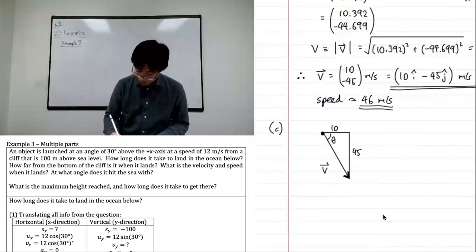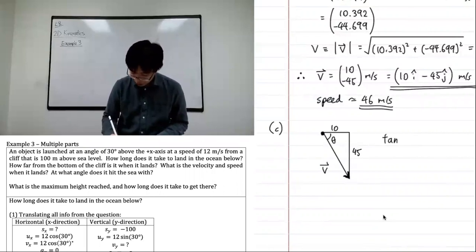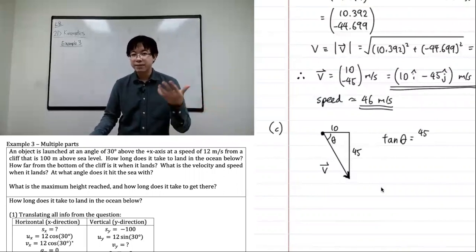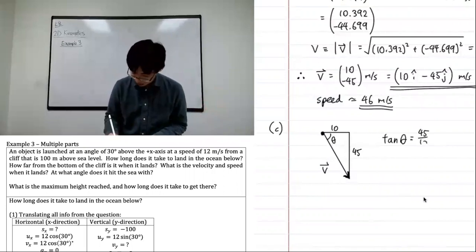So I would use tangent 45. I know it's minus 45, but I'm just calculating. So this is negative 45, but I'm just calculating this as a right angle triangle, right? So for any right triangle, I can just use your standard middle school, high school trigonometry, to find theta. So that's that.